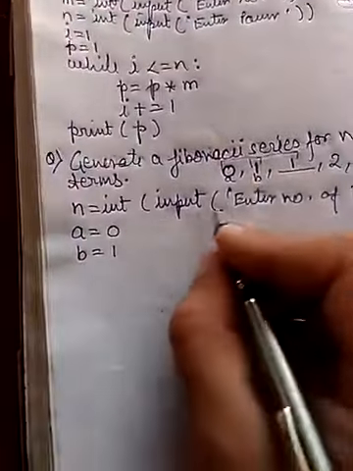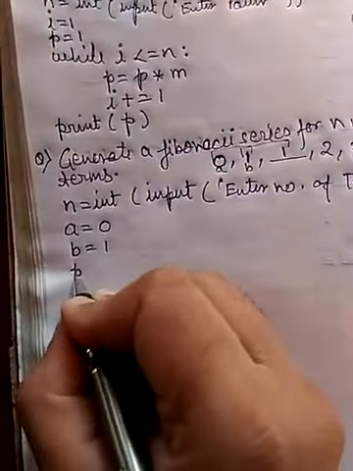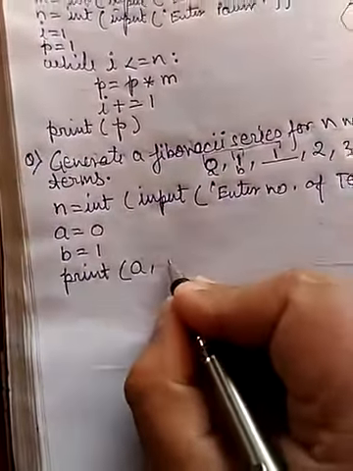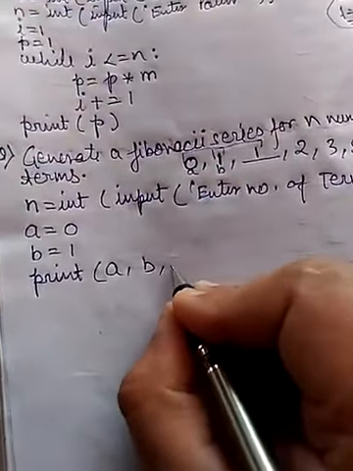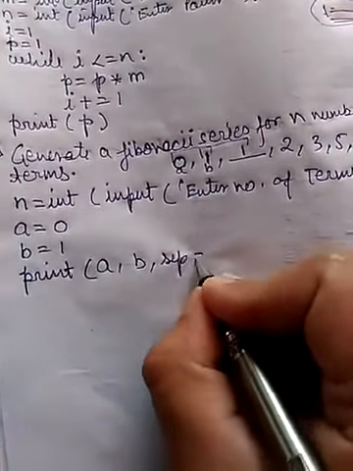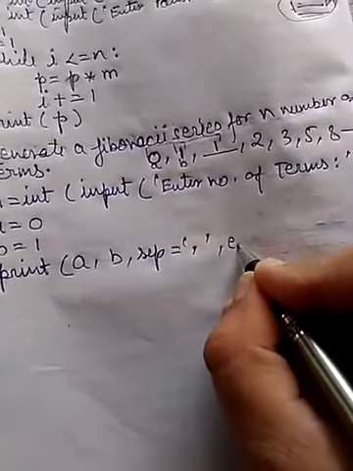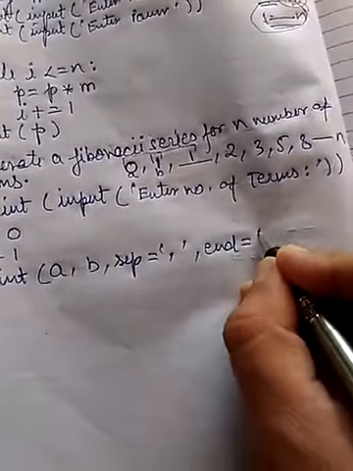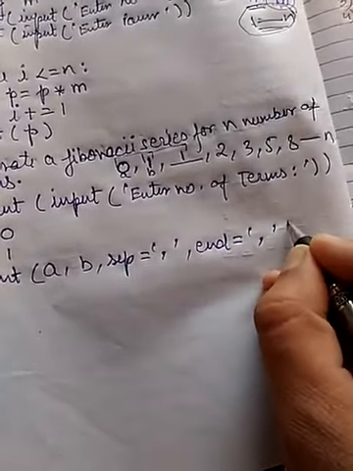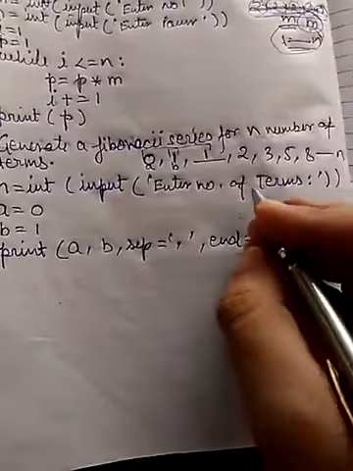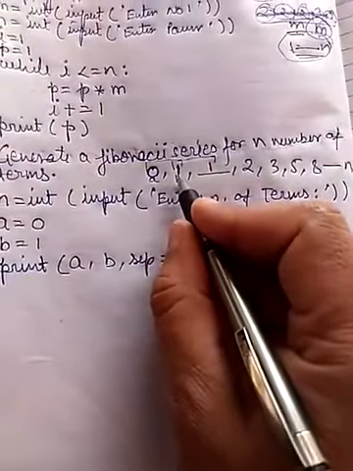Now I have to display 0 and 1, so I am writing print A, B separated by a comma. In this way, this will give you 0 and 1.